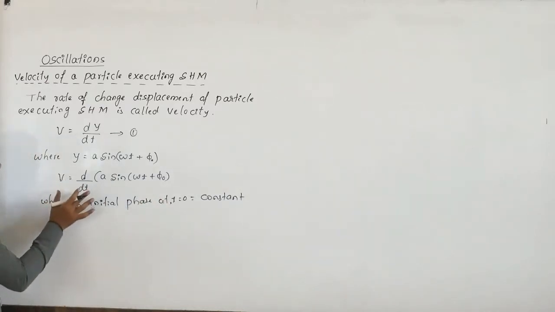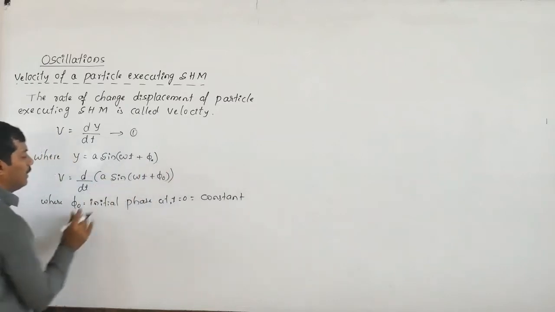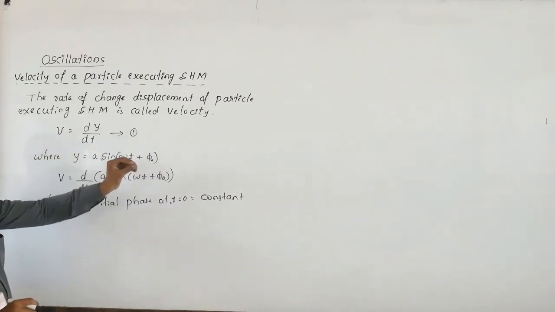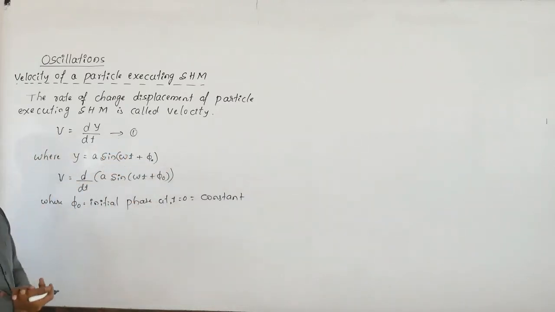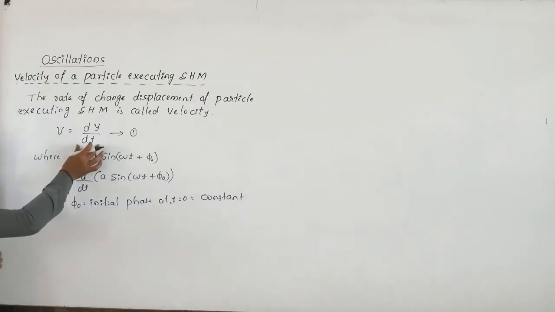We have to differentiate this equation, y equals A sine of omega t plus phi naught, with respect to time.